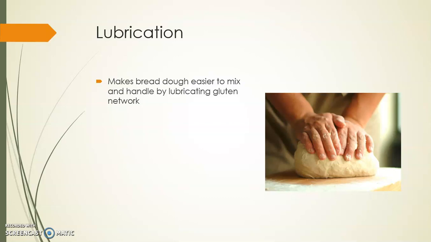But adding just a little tiny bit of fat, not enough to interfere with the formation of the gluten network, but a little bit of fat can help it to be a little easier to handle because it lubricates the gluten and makes it easier to stretch and knead.